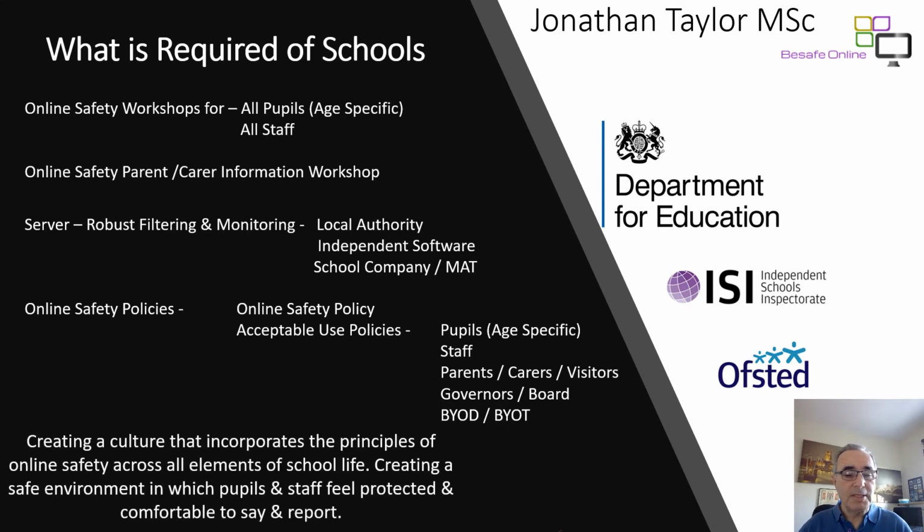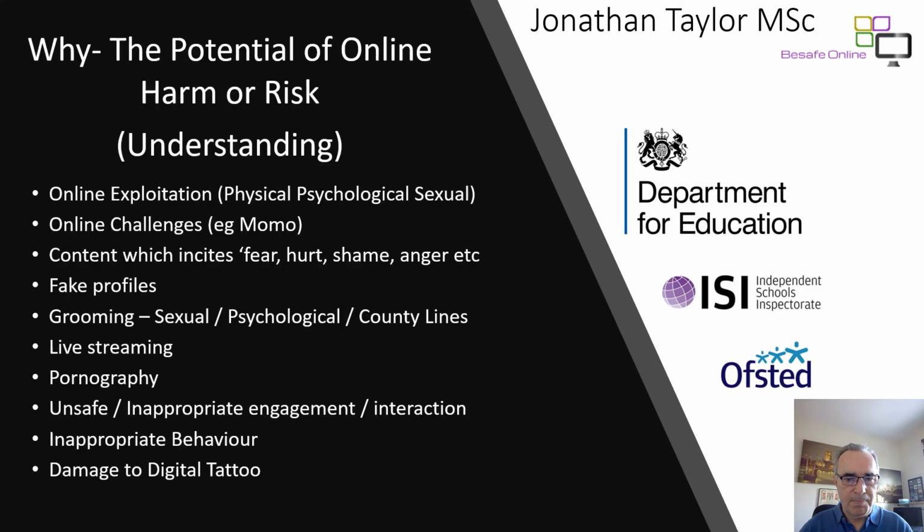This creates a culture that incorporates a whole principle of online safety in all elements of school life. It really will create a safe environment in which pupils and staff feel protected and comfortable to say and report matters that may come to them.